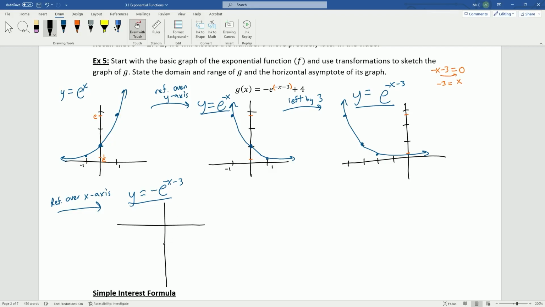So now, since I'm going to be reflecting over the x-axis, I'm going to take those orange marks for 1 over e and e and make them the negative 1 over e and negative e. Other than that, I just take my points, flip them down.